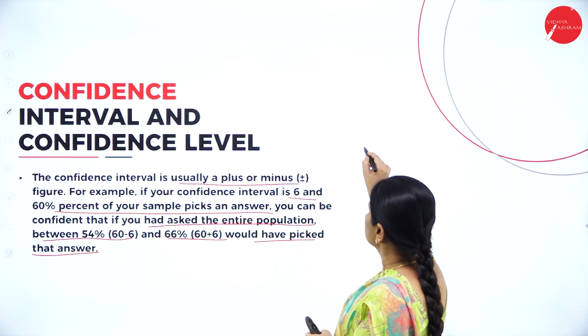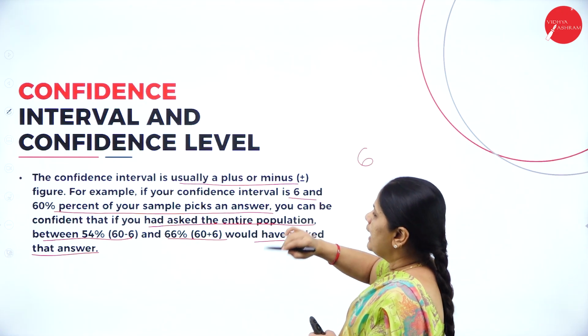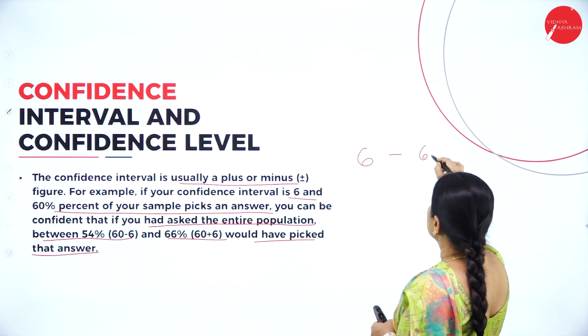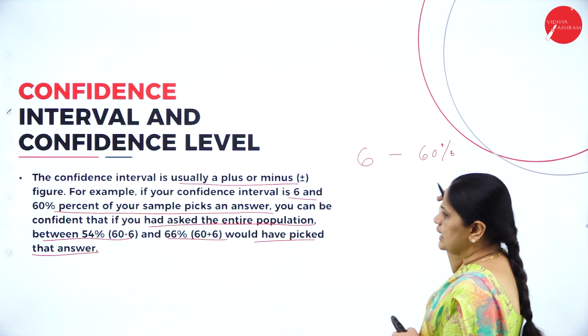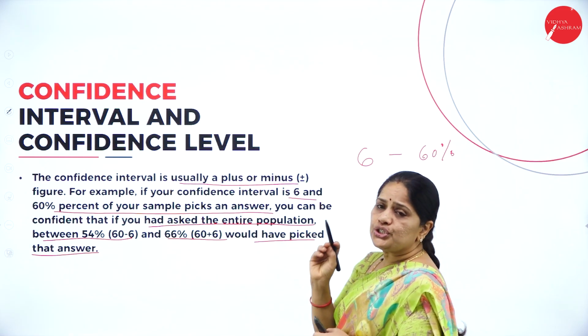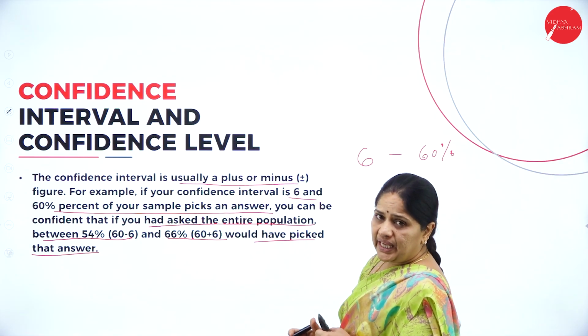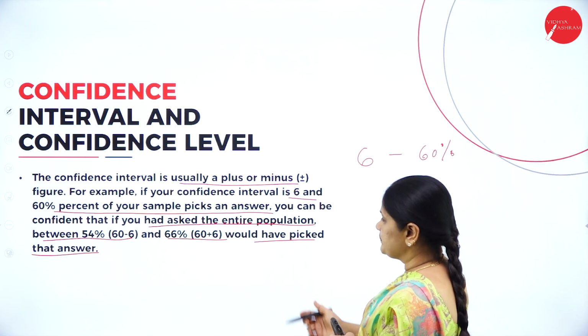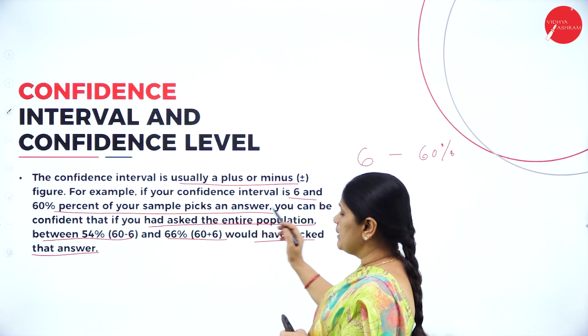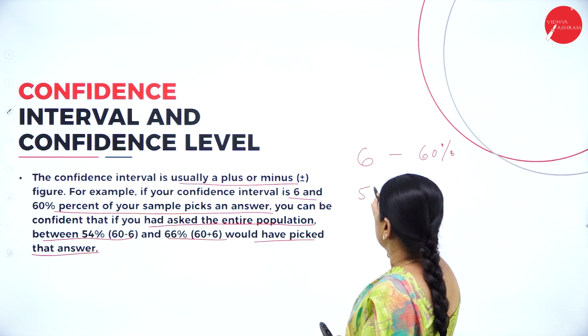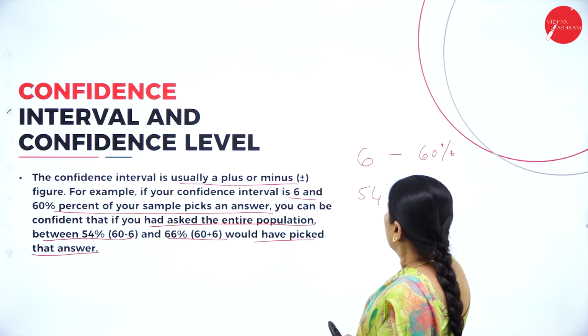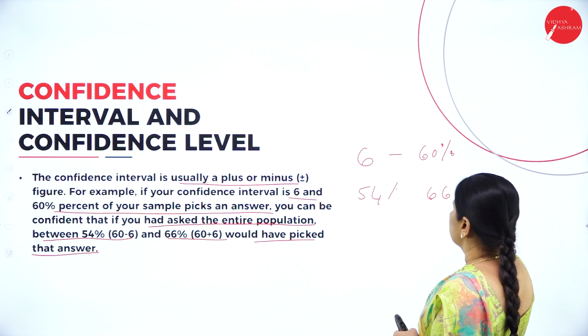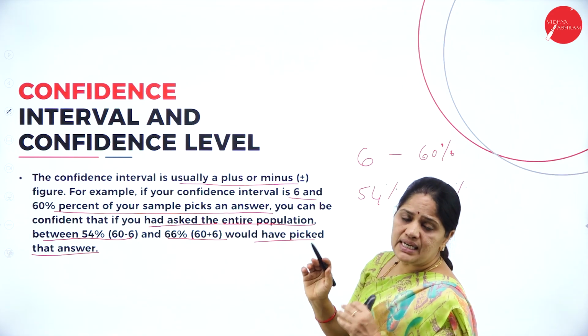Suppose your confidence interval is 6 and 60% of the sample pick the answer you expected. Then you can also say that if you had asked the entire population, between 54% and 66% would have picked the same answer.